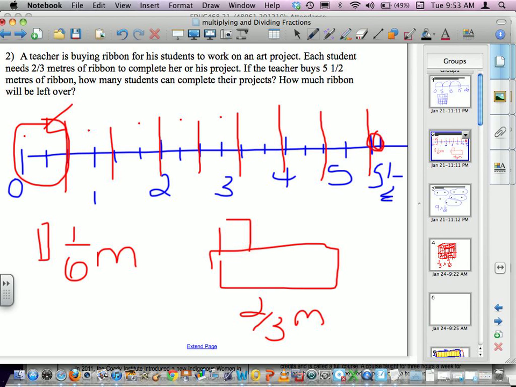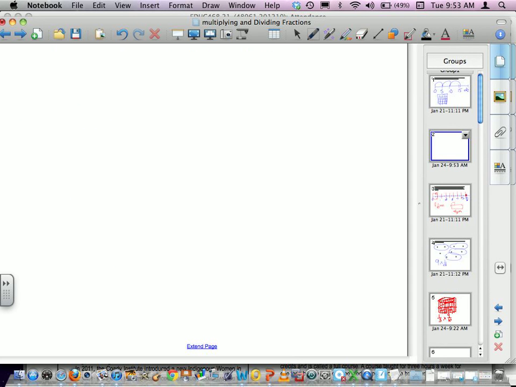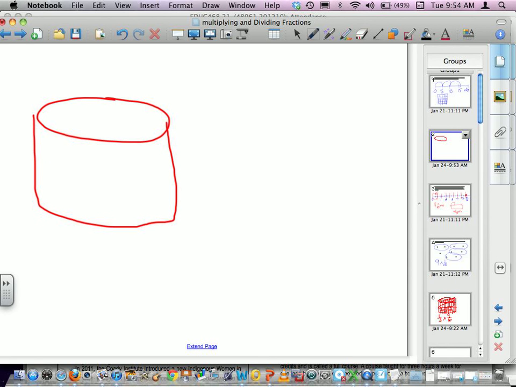Another way to think of this is imagine you are filling up measuring cups with sugar or something. If I'm filling measuring cups up with sugar and I have this magic measuring cup that is exactly 2/3 of a cup, because I don't like to have to fill up my 1/3 twice when I'm baking.